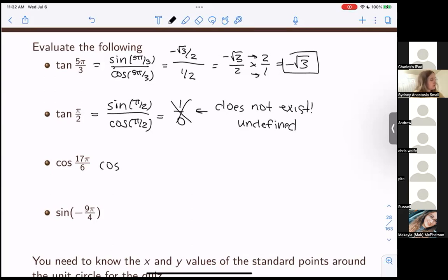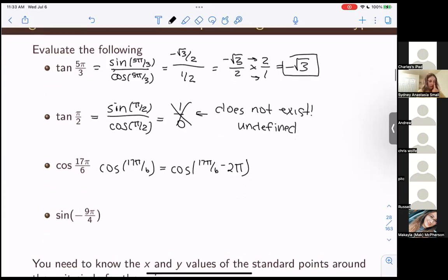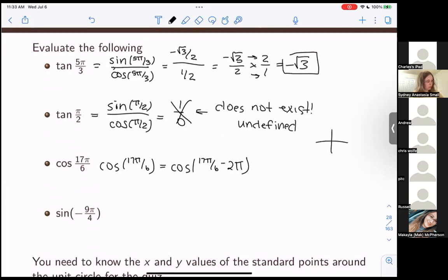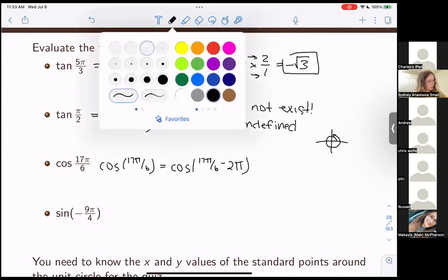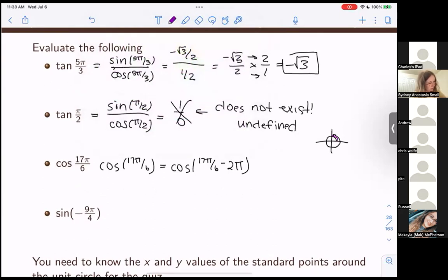So cosine of 17 pi over 6 is equal to the cosine of 17 pi over 6 minus 2 pi. We are just getting an angle coterminal. So instead of going around the circle however many times it would take us, we would just be going around this much just to get to the same point.